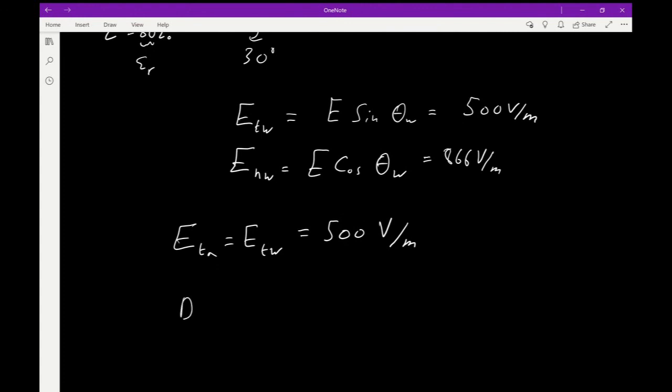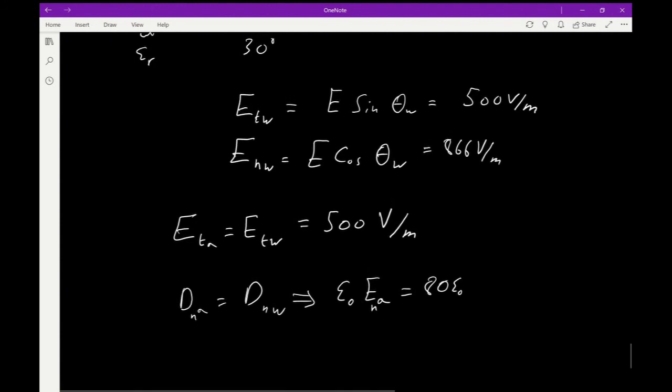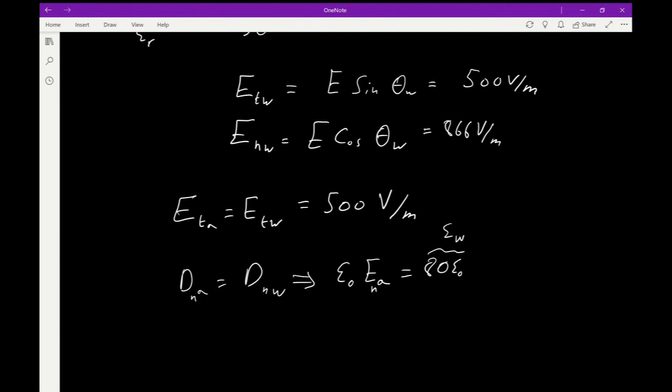Well, we know that D normal in water equals D normal in air. What is DN in air? That's epsilon naught times the normal component of E in air, ENA, which equals 80 epsilon naught, the permittivity of the water, epsilon W, times EN in water. And we know what EN in water is.